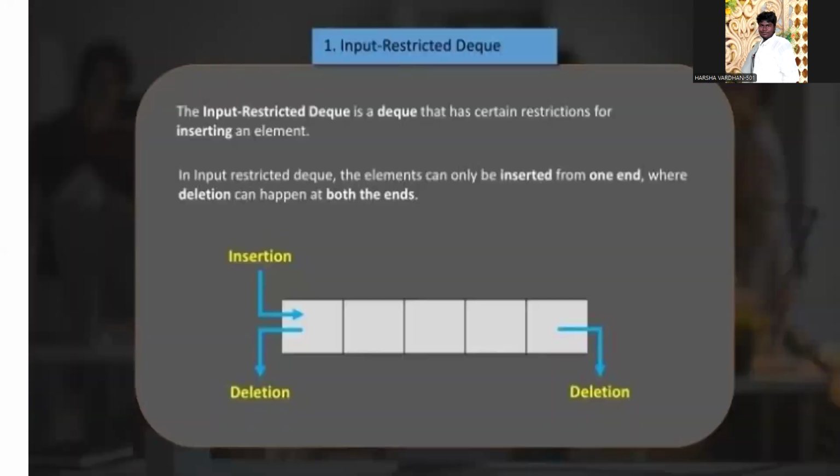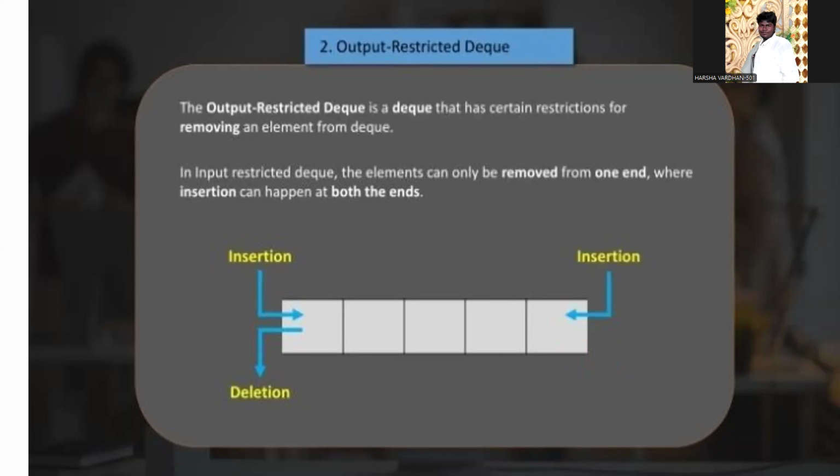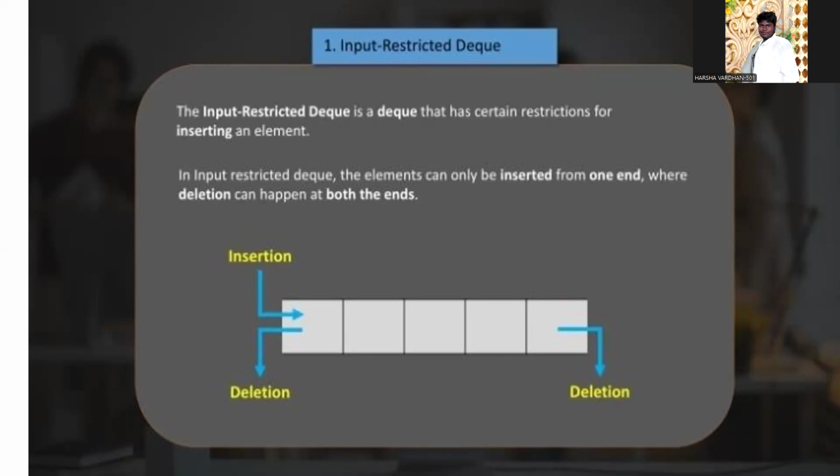Coming to types, there are mainly two types of deques: input restricted deques and output restricted deques. In an input restricted deque, there are certain restrictions for inserting an element, and there are no restrictions for deletion.